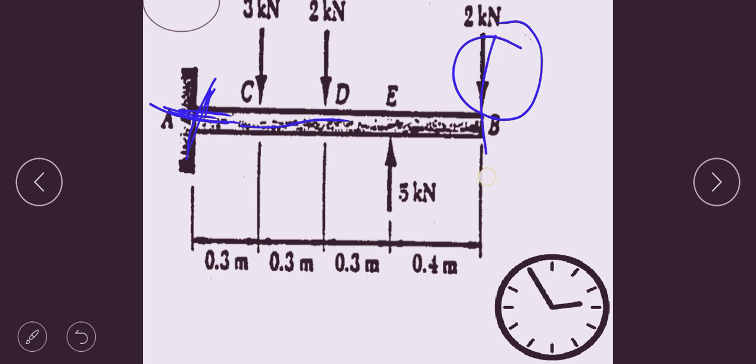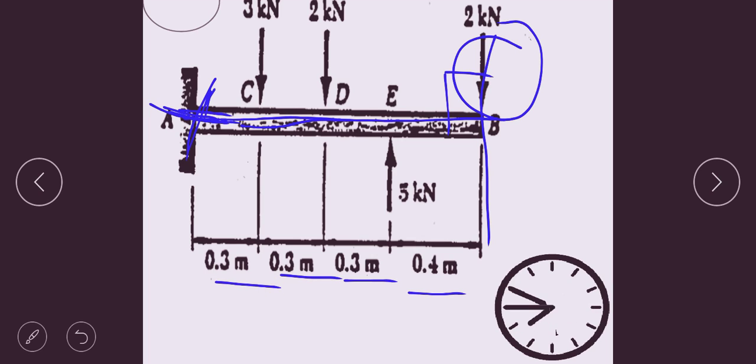That is force into this perpendicular distance, that is 2 into 0.4 plus 0.3 plus 0.3 plus 0.3. So the total moment is how much? 0.3 plus 0.3 is 0.6, plus 0.3 is 0.9, plus 0.4 is 1.3. That is 2 into 1.3 is the value of the moment.